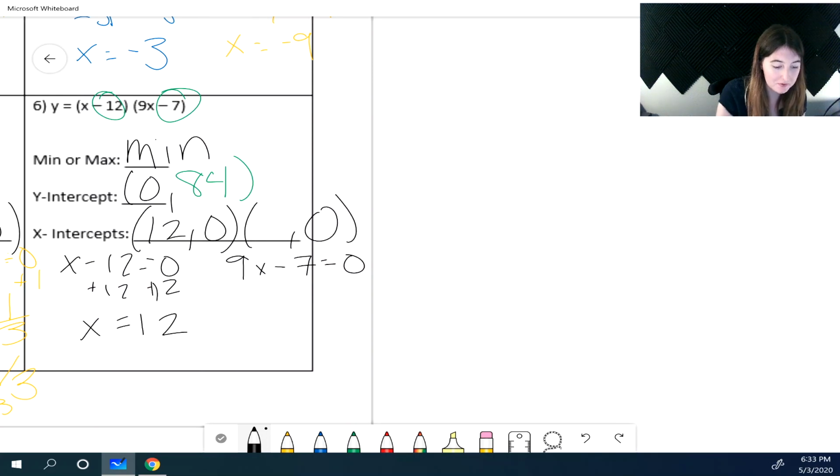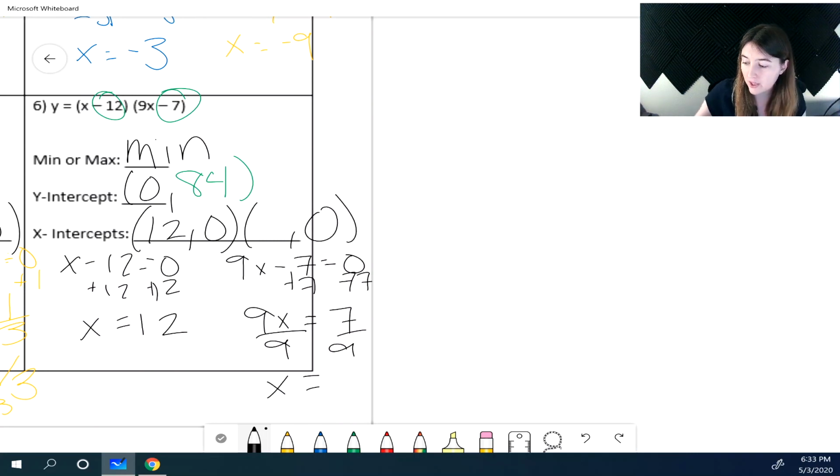So (12, 0) is one of my intercepts. And I add 7 to both sides over here, and I get 9x equals 7. Divide by 9, x equals 7/9, which as a decimal is 0.778, or 0.78.